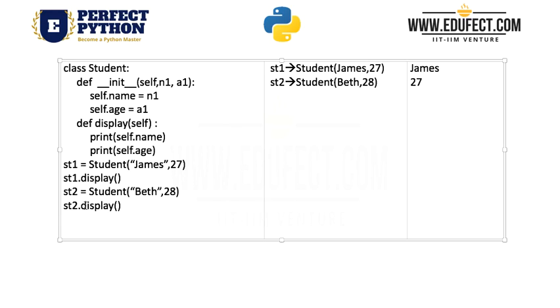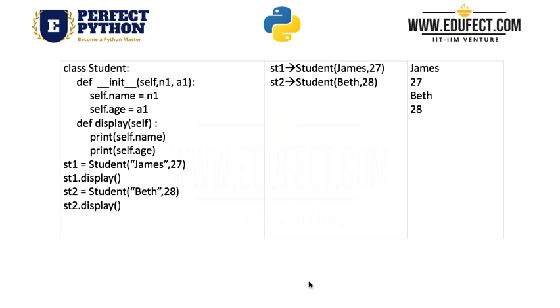Now when we do st2.display, we are calling this method display again, but with the object st2. So when we do print self.name, self.name will refer to the object st2. What is name in st2? It is Beth. So Beth is getting printed, and when it says print self.age, 28 will get printed. So here we have defined a method named display and we were able to use it.